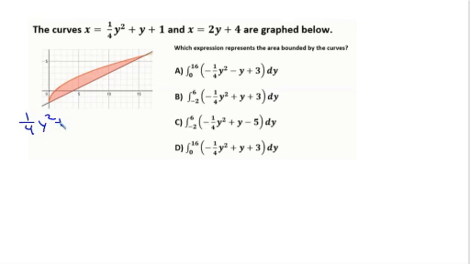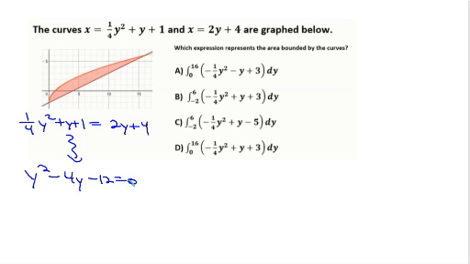1/4 y squared plus y plus 1, I'm going to need to set that equal to 2y plus 4 and solve this thing. Now, doing the algebra, which we don't need to do everything for that, if I get everything on one side, I have y squared minus 4y minus 12 equals 0.